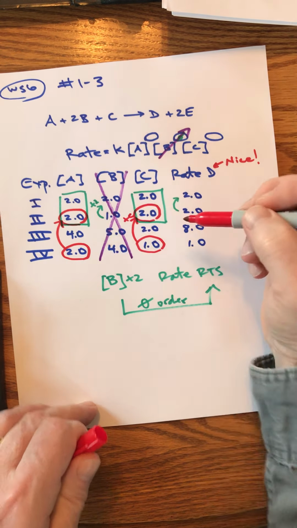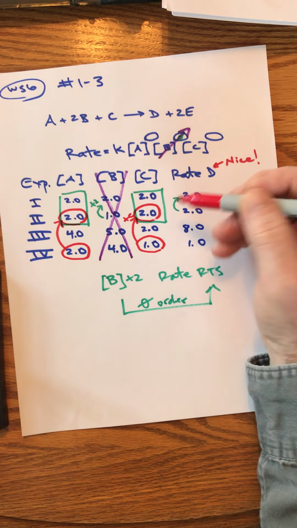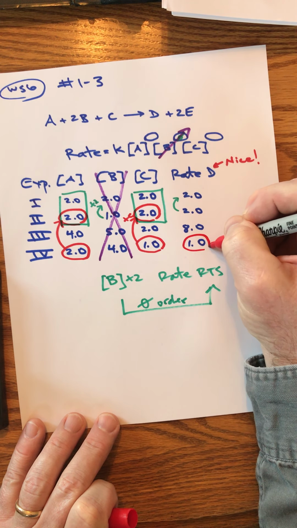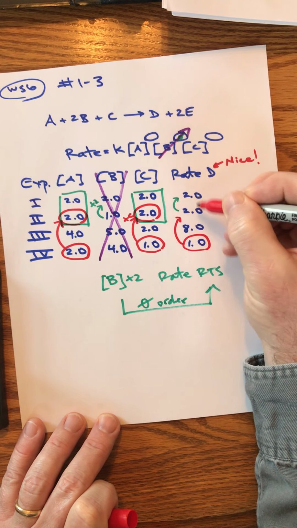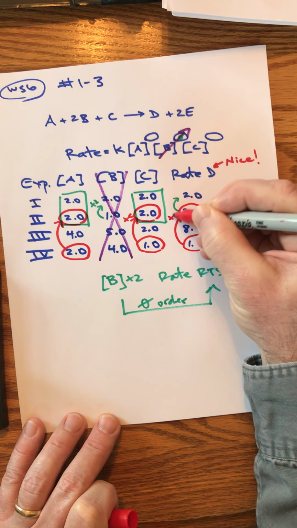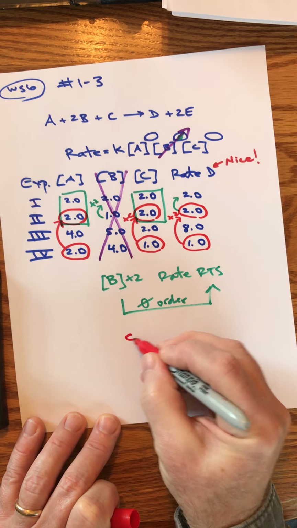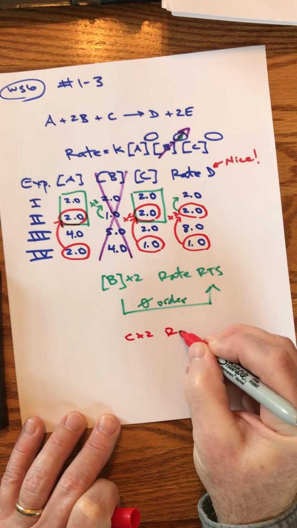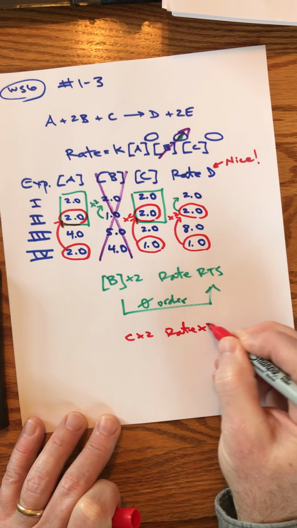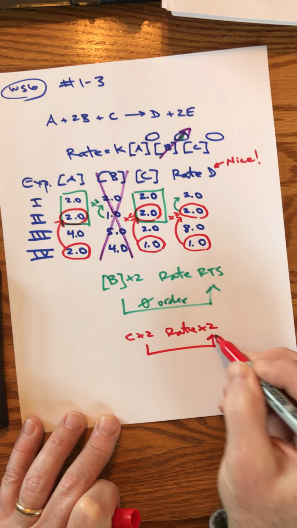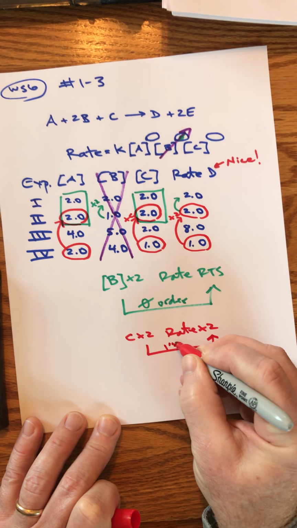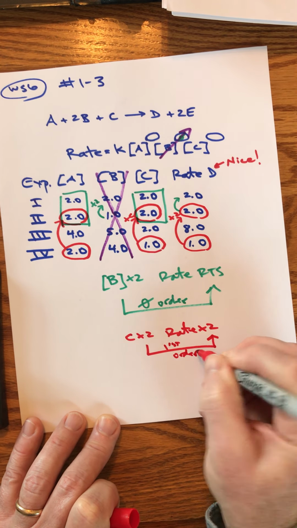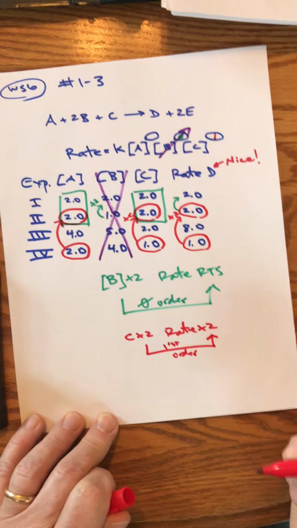So the only thing I changed going from here to here was C. What happened to my rate? Oh, it doubled. Okay, so if C is the only change, and C goes times 2, and my rate goes times 2, C is first order.